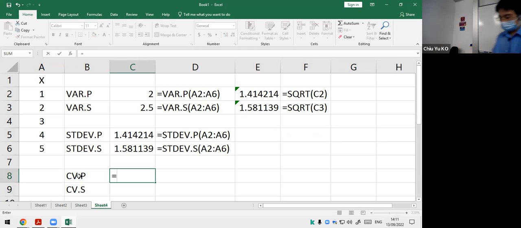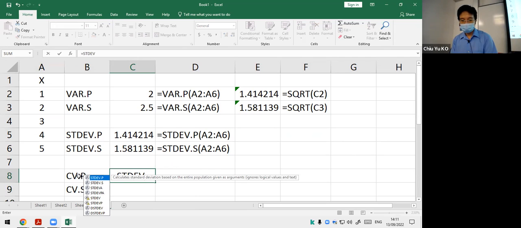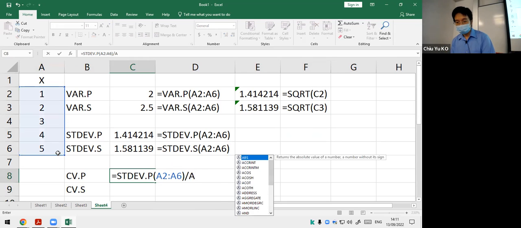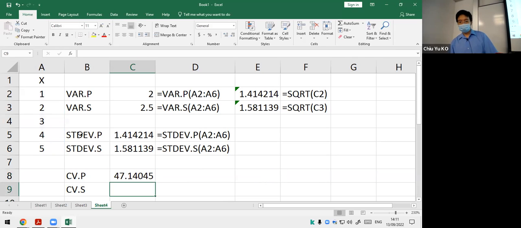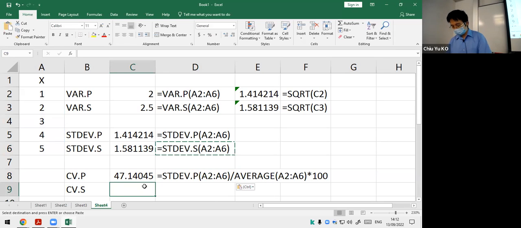So you'll be doing STDEV.P of this over the average of this, and remember, usually we times 100.